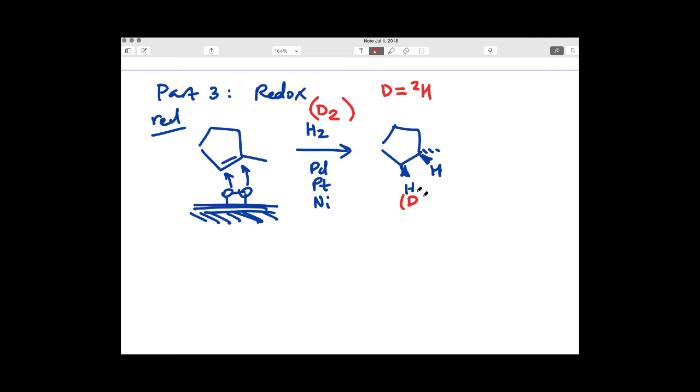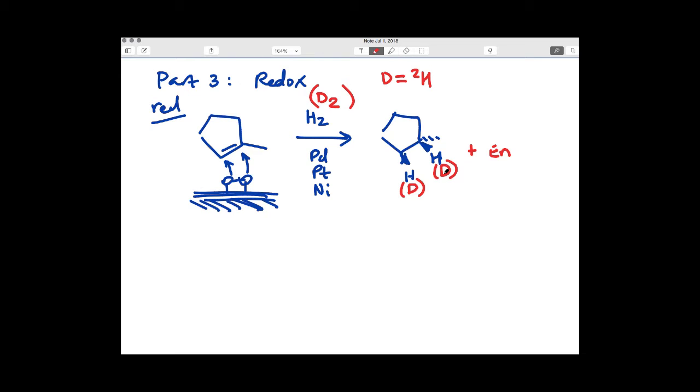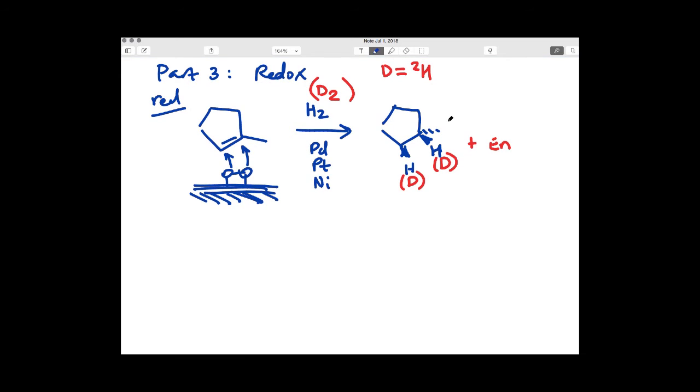And it's all hydrogen, but the D2 is heavier, so I can actually track it because it has an extra neutron. And so I can see deuterium on these spots instead of hydrogen. So now it does make it chiral. So I could say plus an enantiomer. And this is chiral because D is different from H, is different from a methyl, is different from the ring. So I have 4 different groups on this carbon and 4 different groups on this carbon. So that's the only reduction we learned.